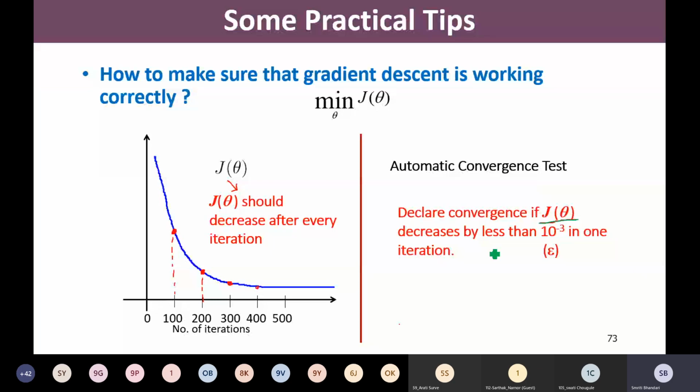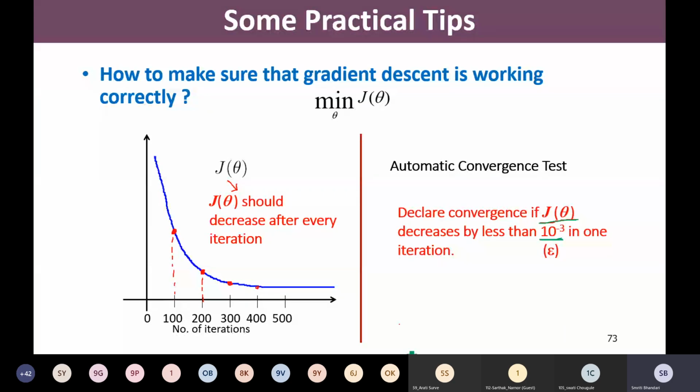Practically speaking, whenever we implement our algorithm in the form of a code or a program, we try to find out whether g of theta decreases by less than some small threshold. Let us assume this threshold epsilon is very small, 10 to the power minus 3.